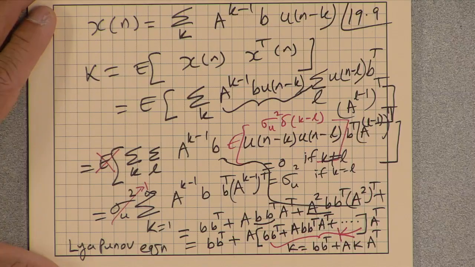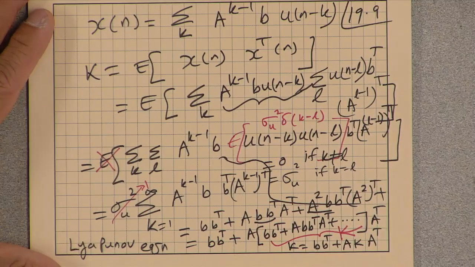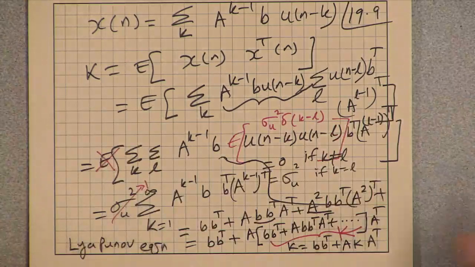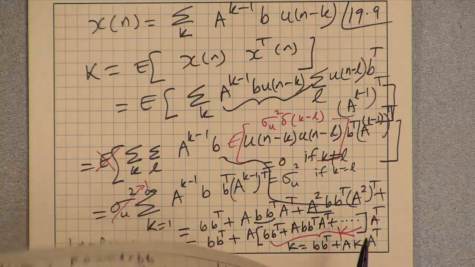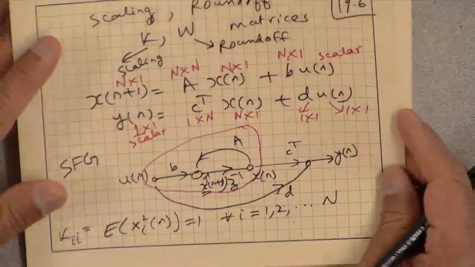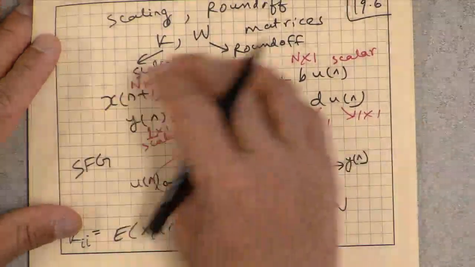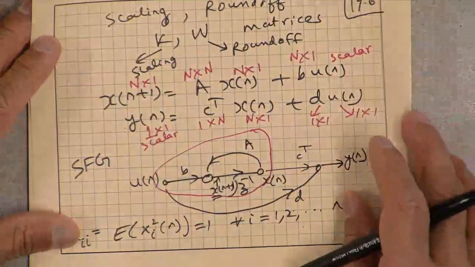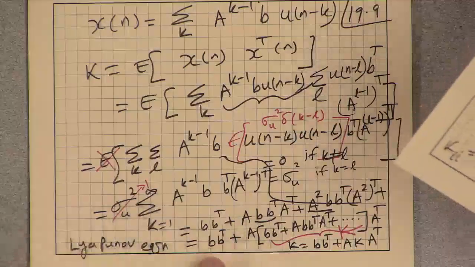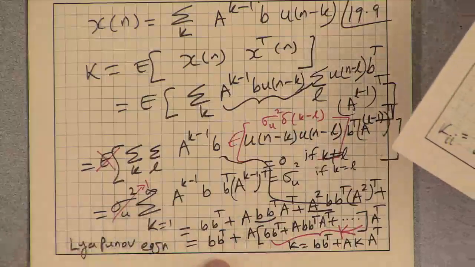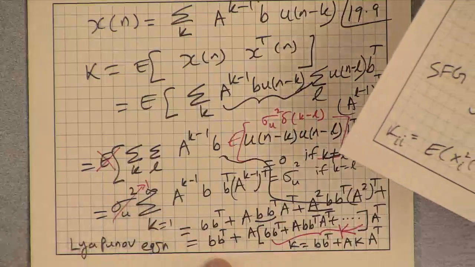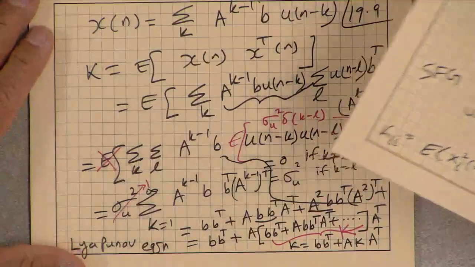So what were we trying to do? We were trying to find a scaling transformation such that after we scale the state space representation and then compute the K matrix for the scaled state space representation, all the diagonal elements will be 1.